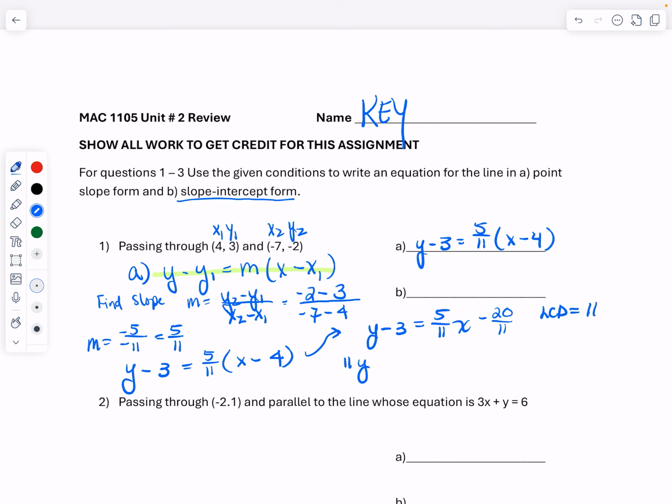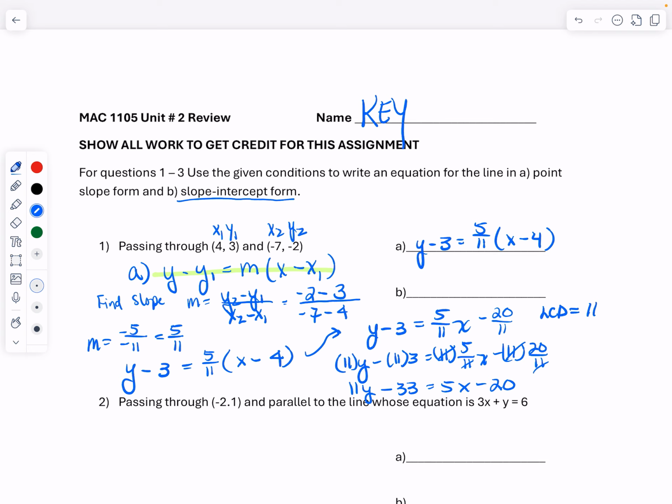So 11 times y minus 11 times 3 equals 11 times 5 over 11 x minus 11 times 20 over 11. When I do that, I get 11y minus 33 equals, now these 11s cancel, 5x minus 20. Okay, I'm almost done.